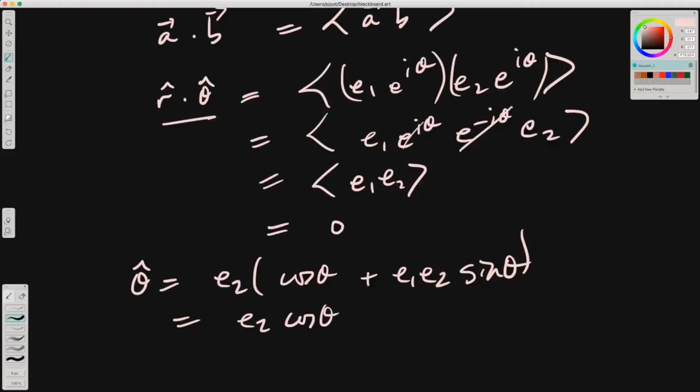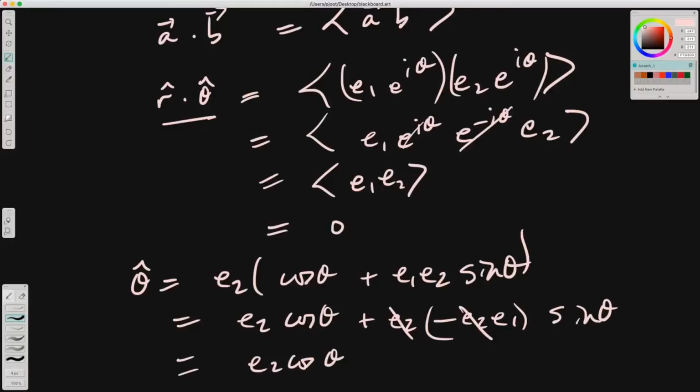Switch the order of this and conjugate, and so that is e2 times minus e2 e1 sine theta. e2 times e2 is 1, so we're left with e2 cos theta minus e1 sine theta.